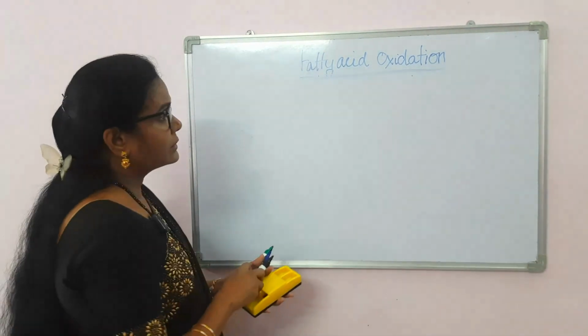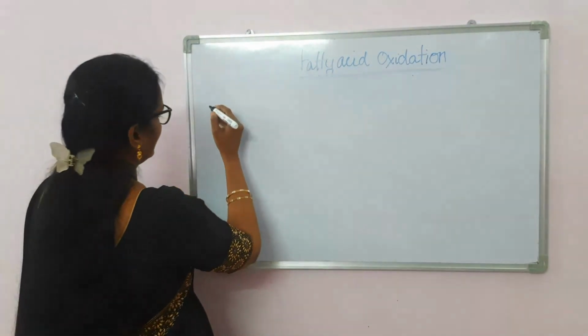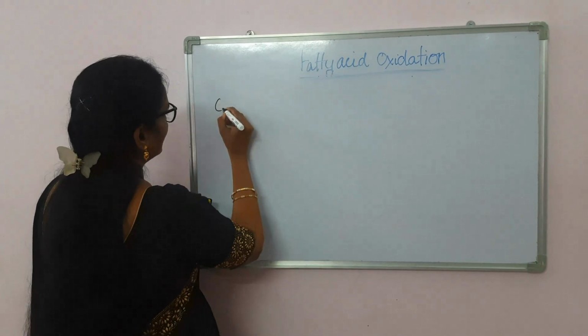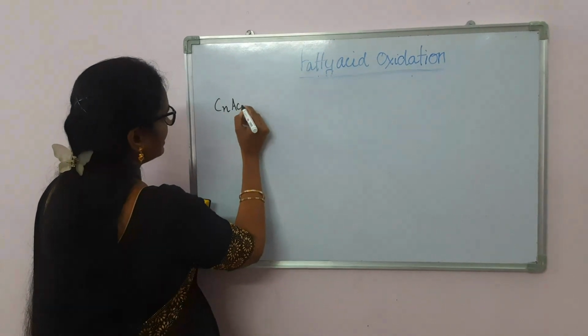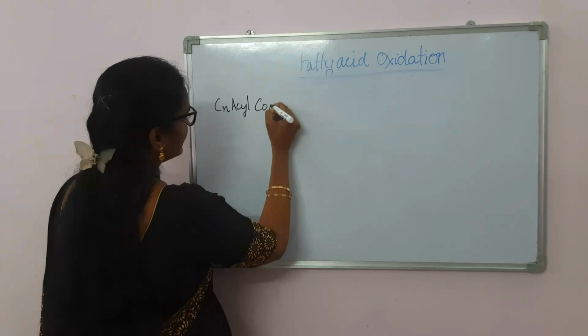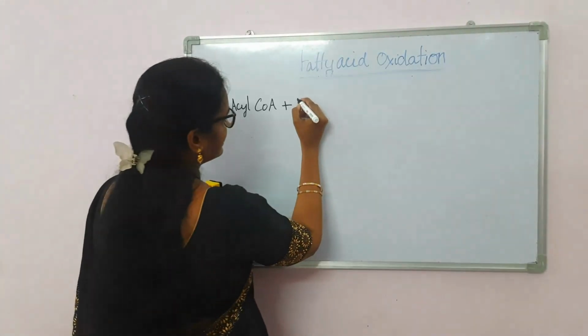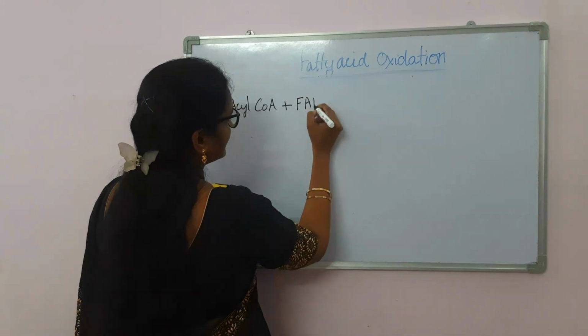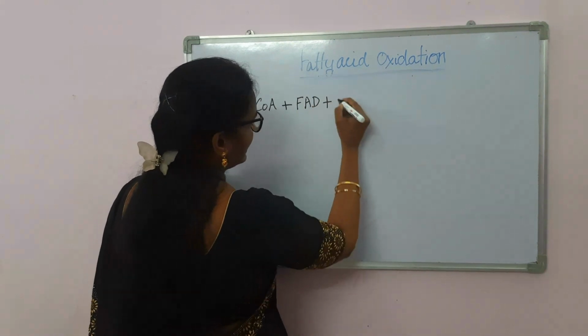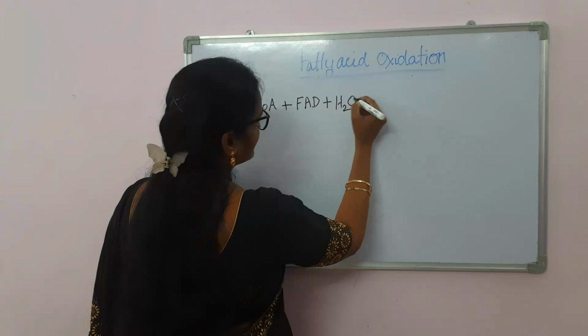Now we will write a reaction. N number of acyl-CoA, the activated fatty acid, first undergoes oxidation with FAD. So I am writing FAD. Then a hydration reaction, with a water molecule.